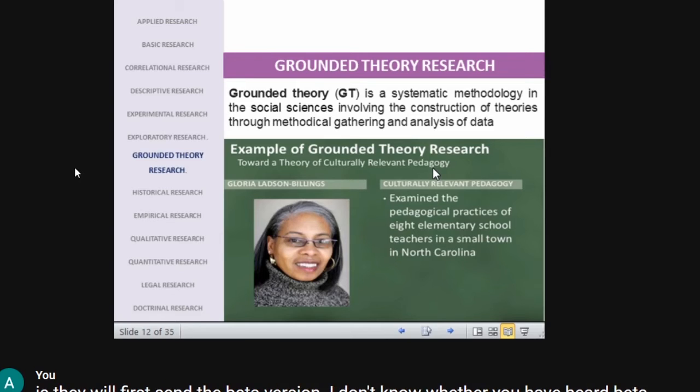Those findings will help to formulate a new theory on how pedagogy should be implemented for elementary schools. So I hope you understand the perspective of grounded theory. The findings will help to formulate a theory for that particular social environment.